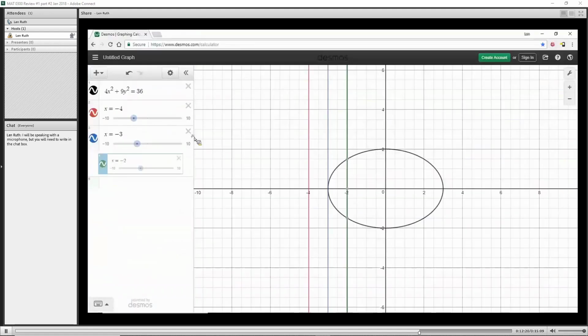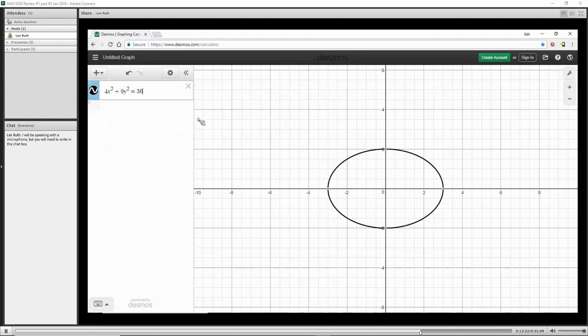Okay, then the other question was, what's the domain and the range? You can think of the domain as the shadow this thing is going to cast on the x-axis. Or you can kind of think of it like smashing a bug when your hands come from above and below. You want to see where the guts would be on the x-axis. In this case, it looks like they're going to run from minus 3 to plus 3. So I'm going to do y equals 0.